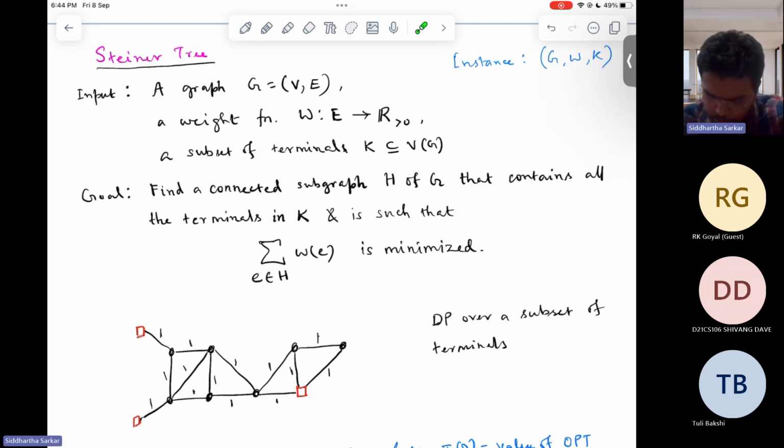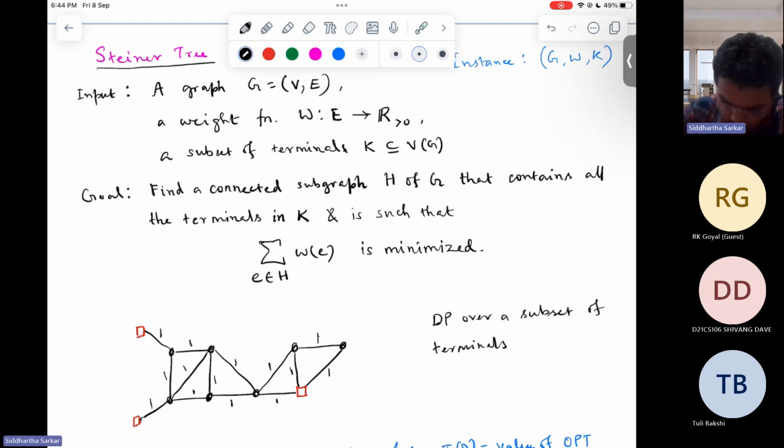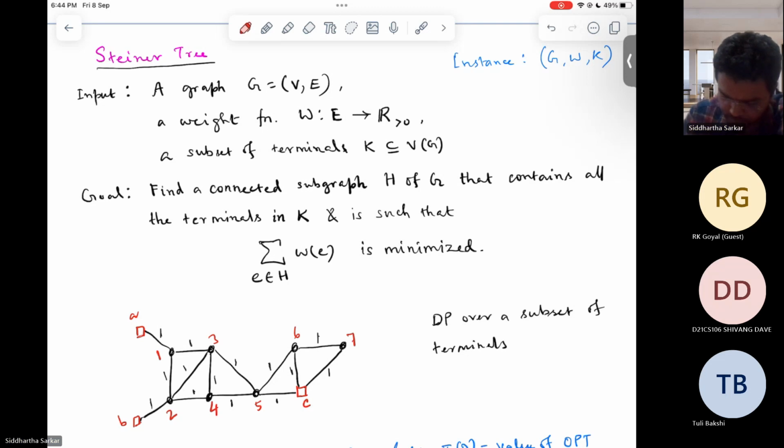So in this case, let me give some names to these smaller vertices. Let's say this is A, B, C, and these we will just call numbers 1, 2, 3, 4, 5, 6, 7. So we want to choose edges.